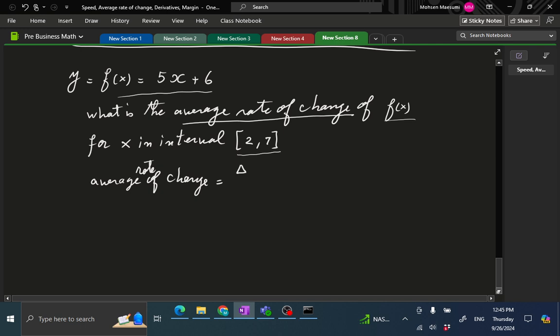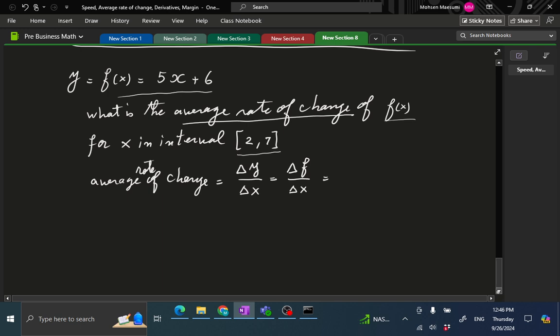One of them is called delta y over delta x. Okay, so what is delta y? Another way to describe that is delta f over delta x, either one.